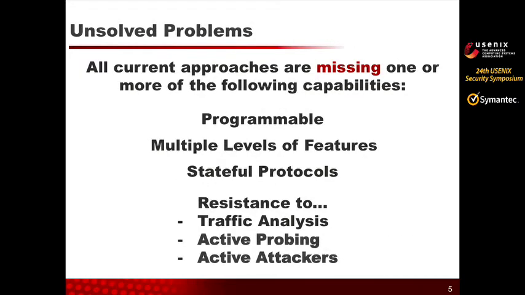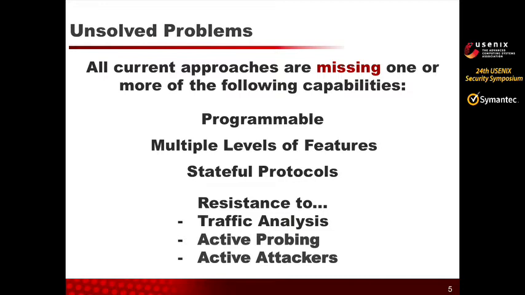So with that in mind, I just wanted to walk through some of what we would consider problems that all of these approaches more or less have. These are a list of requirements that we would need to hit in our next generation system. Those include being programmable, so the idea that we can update and adapt quickly when a censor makes a change to detection.